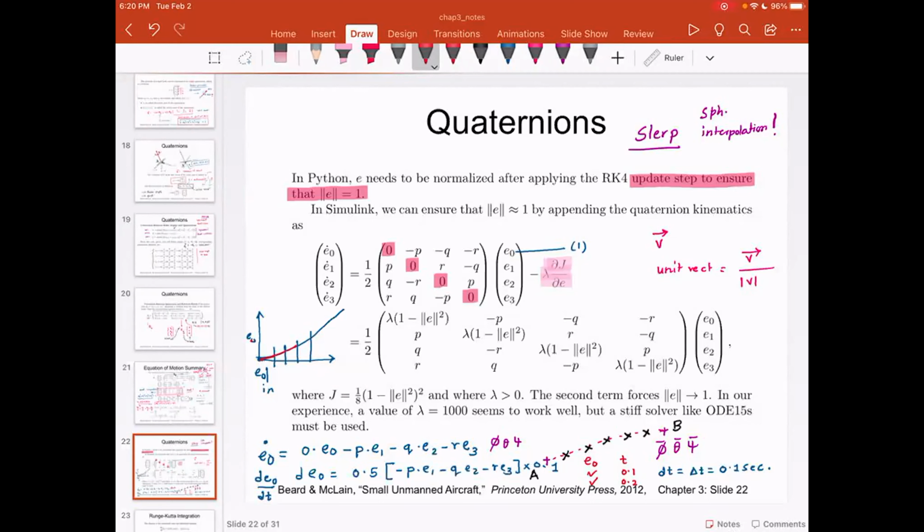Which means, in every time step, in every propagation, after you get the value of E naught, similarly you are going to get the value of E1, similarly E2, and similarly E3. You will normalize the resulting Quotonian, and that normalized Quotonian will be used as the initial condition for the second iteration.